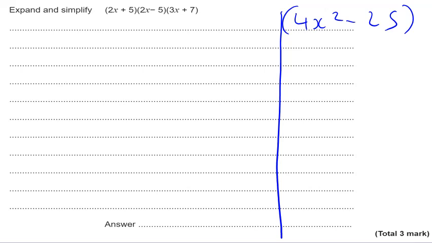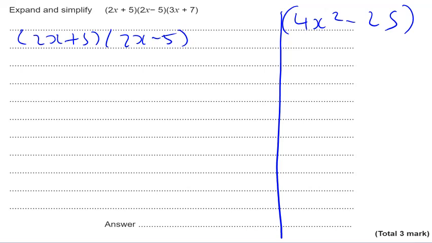But I would always encourage you, write everything down. So the key here is not to use the third bracket first, leave that till last. Okay, so doing this properly, it's 2x plus 5 and 2x minus 5.